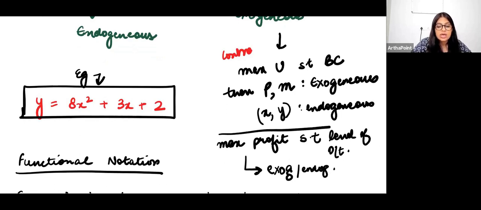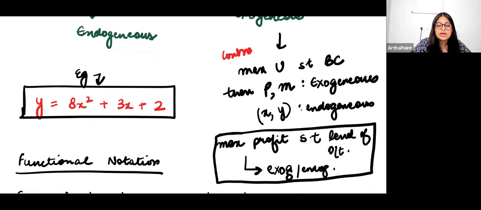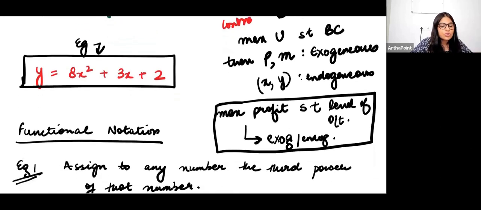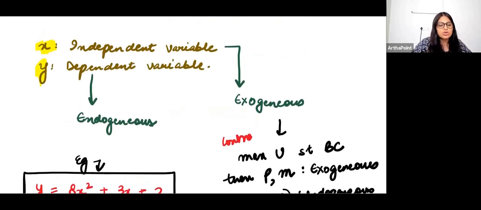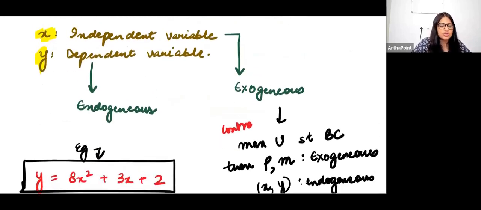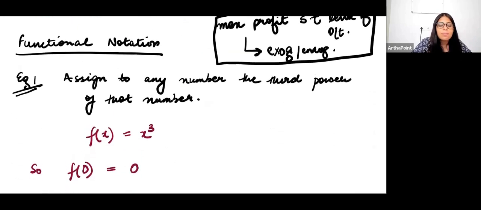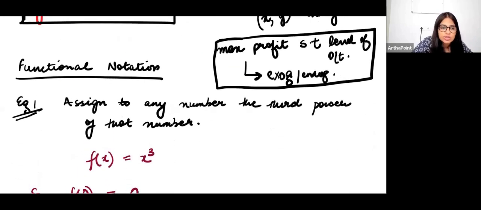When I go to the production side, I will again come back to this part and tell you exogenous, endogenous, etc. So you have to understand independent, exogenous, dependent, endogenous. Now, let's talk about certain functional notations.